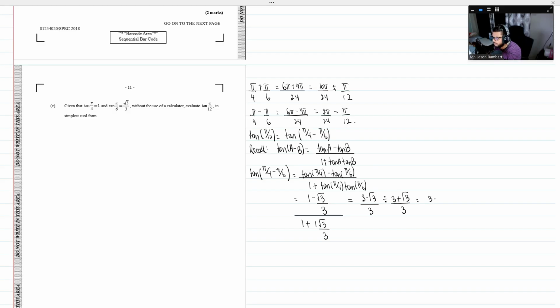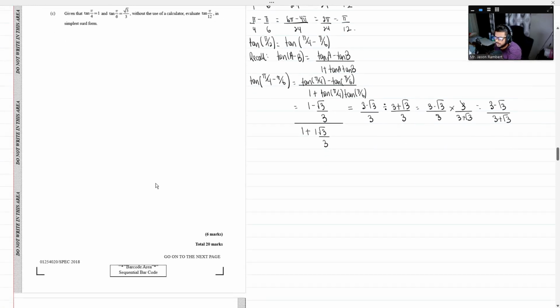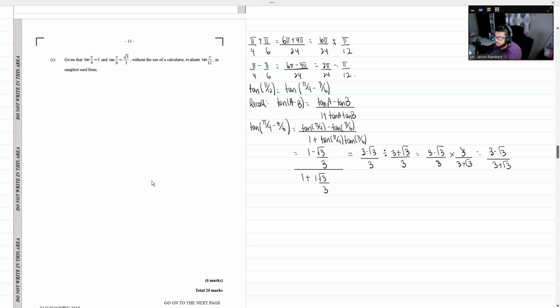This is 3 minus root 3 over 3 multiplied by 3 over 3 plus root 3. The 3's cancel. This is 3 minus root 3 over 3 plus root 3. Now, some of you might want to go ahead and rationalize this. I don't see the need because this is in simplest surd form.